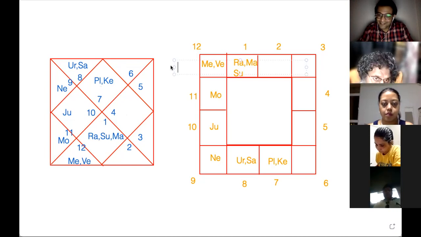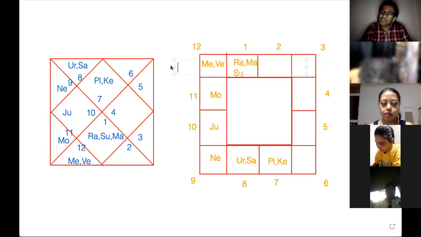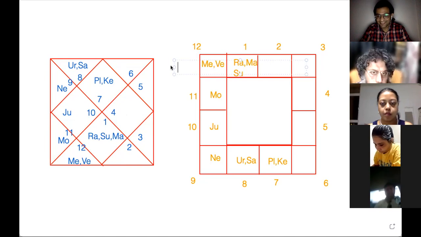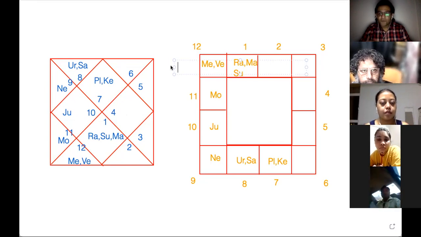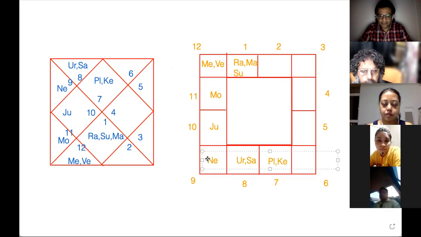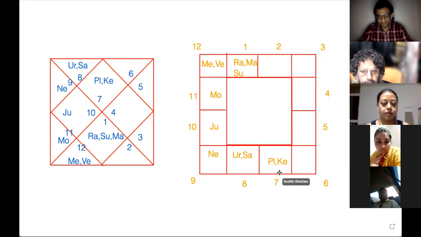Now the question is, how do you know which is the first house now? That is the main question. In this kind of charting style, how will you know which is the first house?